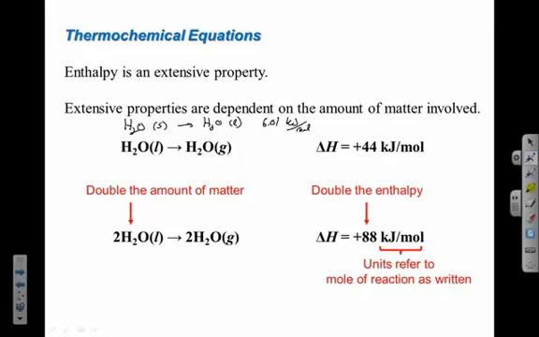And the reaction with 1 mole of water, it wasn't really a reaction, it was more of a process. But here, if I go from liquid to gas, the amount is 44. So why is this liquid to gas change so much greater than the solid to liquid change?